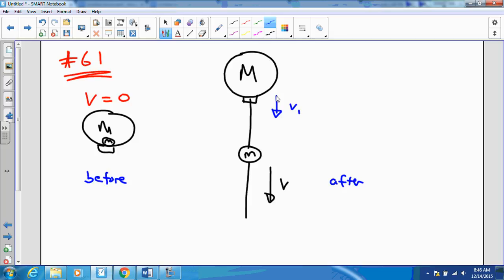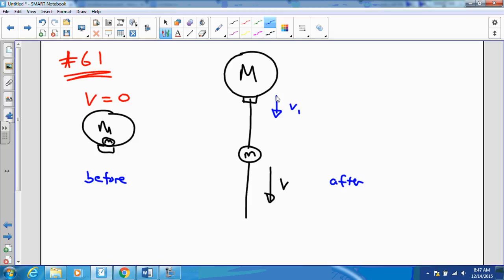The key to unlocking the problem is to compare the before and the after and to ask yourself, what has to be true about the momentum of this system? Yes, exactly. The momentum of the system is 0 before, and since there are no outside forces that are going to be exerting any impulse on this, the momentum has to be 0 after.